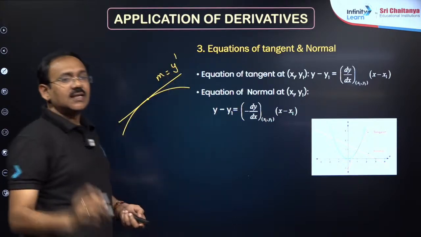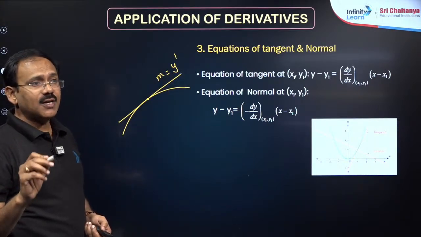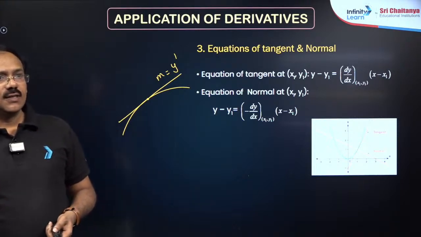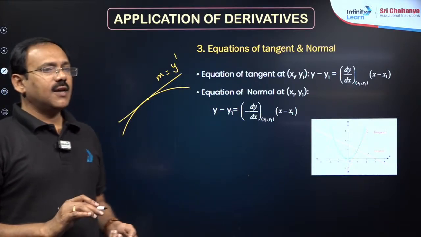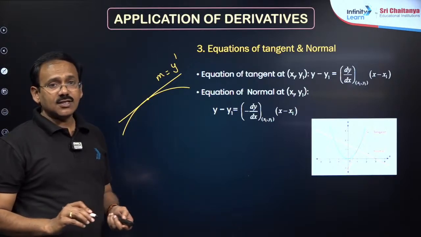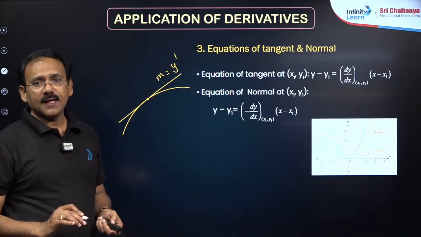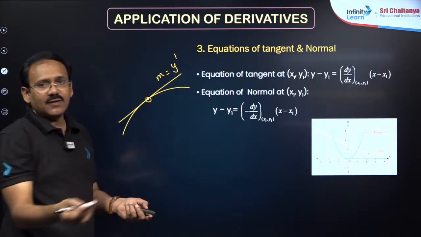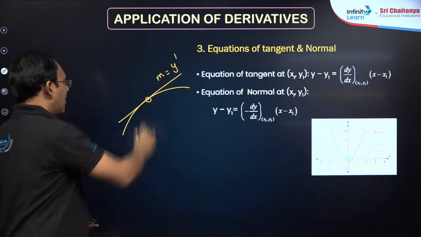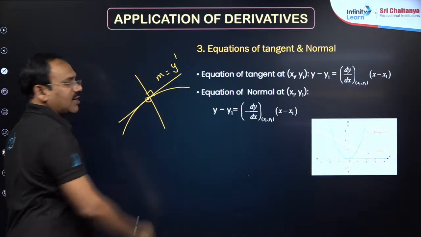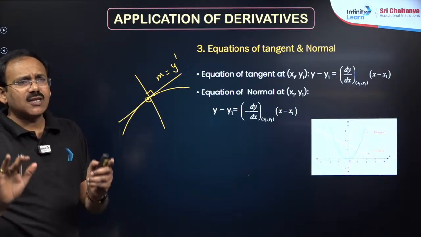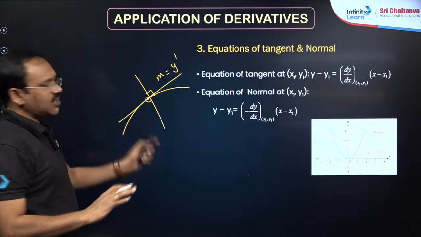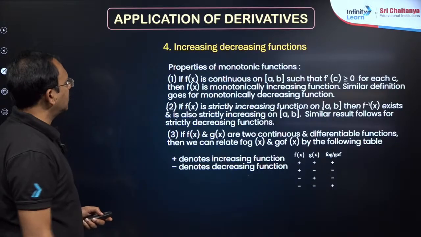Tangent slope at a given point is the derivative. Tangent equation means you know a point and the slope, so you can find the tangent equation, and normal means a line which is perpendicular to the tangent at the point. These points are enough, my dear friends, okay. Actually tangent and normal is also not there in the syllabus.